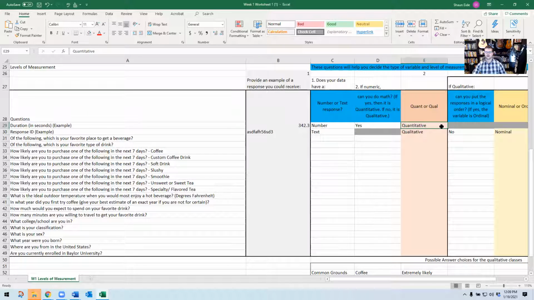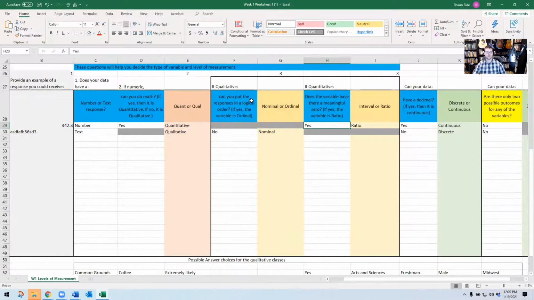And so you can do math. Then this is quantitative. And then the next thing is if it's qualitative, can you do this? Well, we can put right here, not qualitative. Okay.